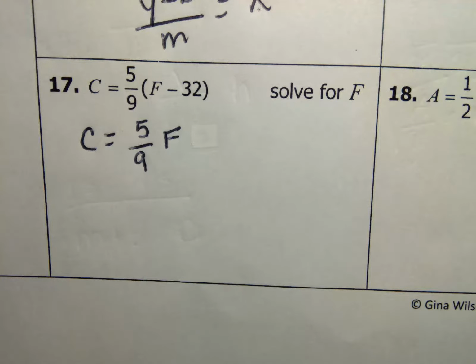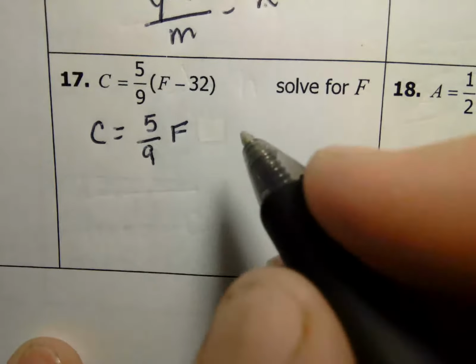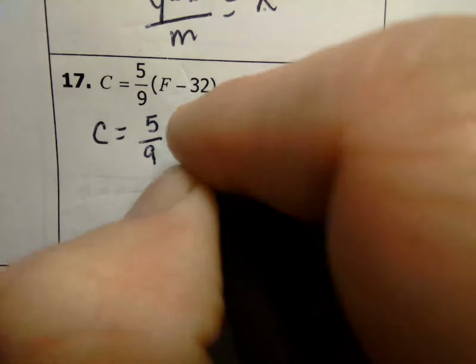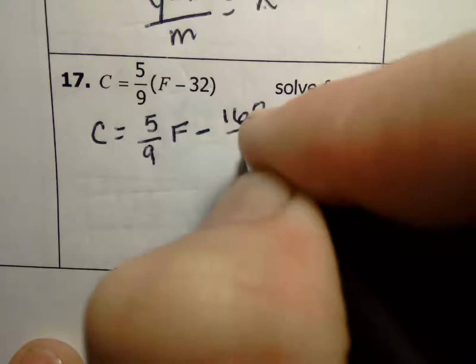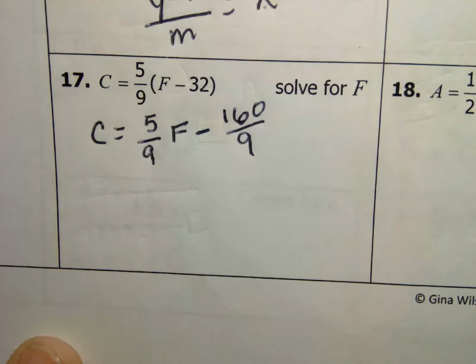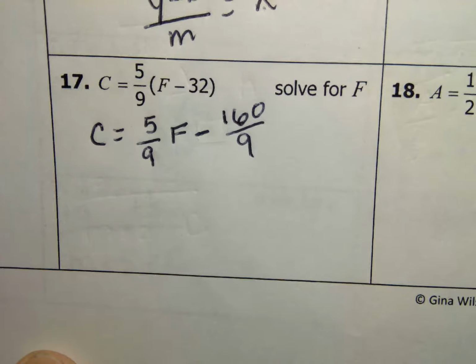And that answer divided by 9. Oh, we don't want to do the division. Okay, so it's going to be minus 160 over 9. Okay, it looks pretty messy.